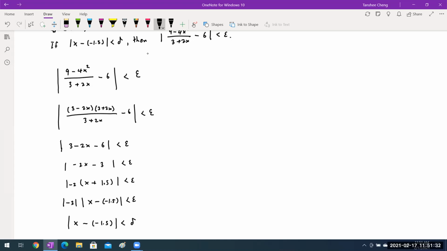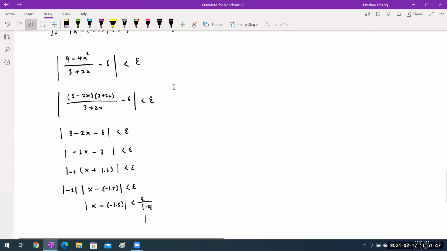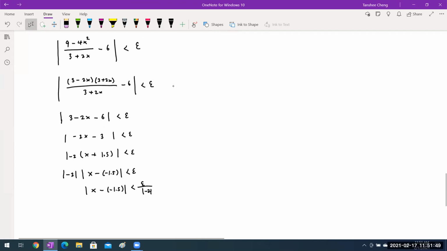So now I can see what my delta should be, because the absolute value of x minus negative 1.5 is less than epsilon divided by the absolute value of negative 2. So here's the finding that we get.